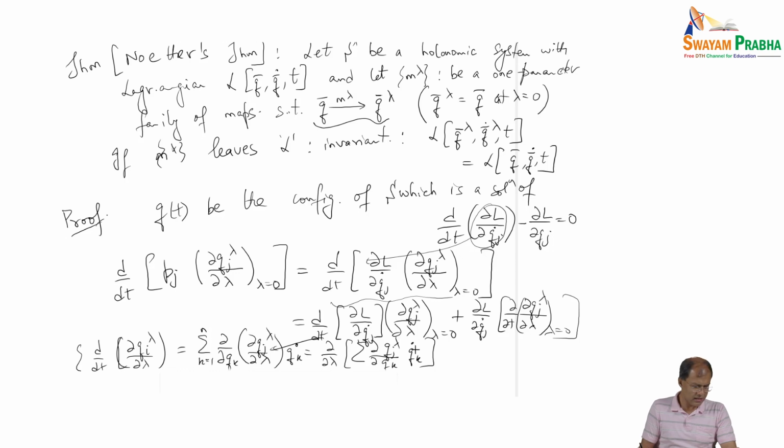And this can be rewritten as partial q_j dot(lambda) by partial lambda, right? So this is via the chain rule.